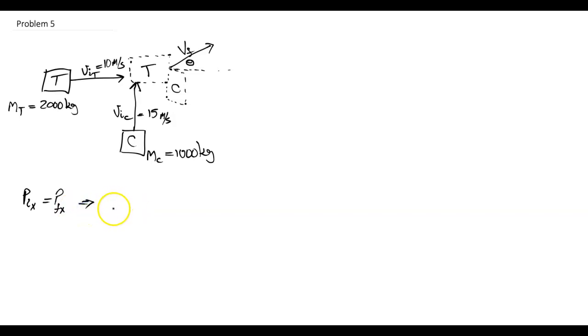This means that the mass of the truck times the initial velocity in the x direction for the truck plus the mass of the car times the initial velocity of the car in the x direction has to equal the mass of the truck plus the mass of the car times the final velocity x.